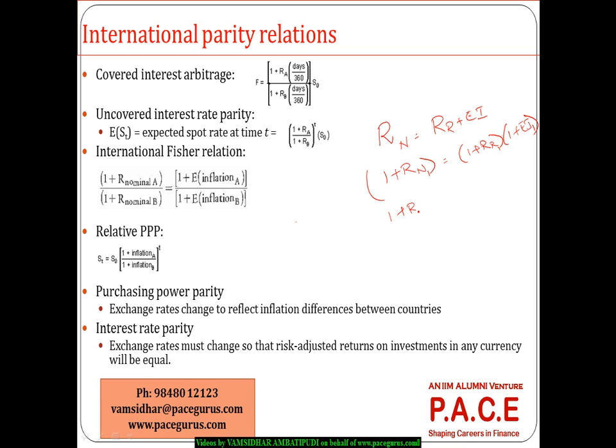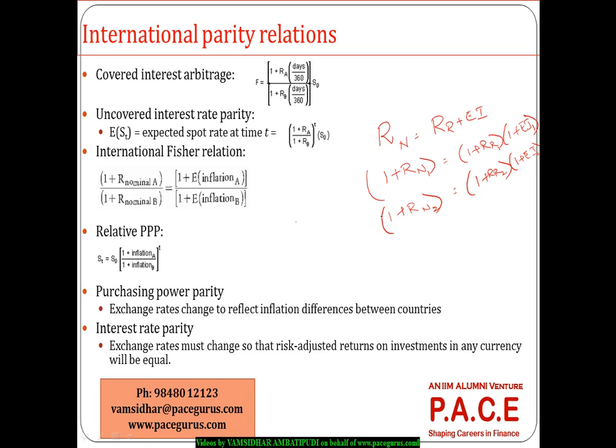And I could have simply said the nominal rate in country 2 is equal to the real rate in country 2 multiplied by 1 plus expected inflation in country 2.